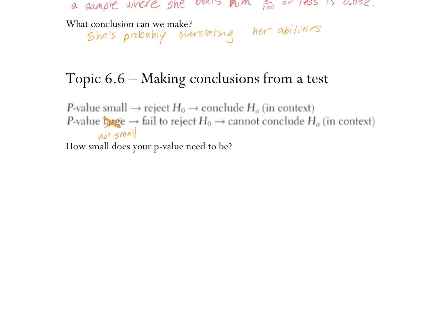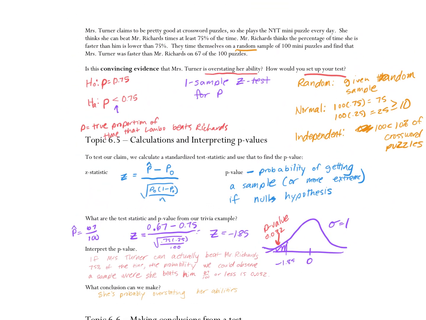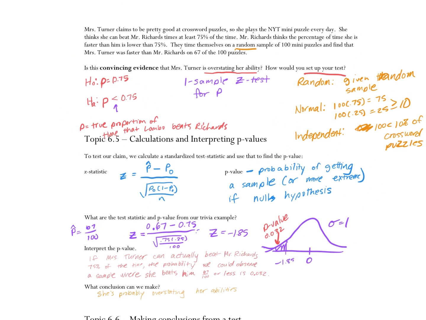So let's give an example real quick in this context. What if instead of 67 out of 100, she beat Mr. Richards 72 out of 100? So that her p-hat, that observed sample, was 72% of the time. You guys, if this was 72%, does that suggest that the alternative hypothesis is true? Yeah.